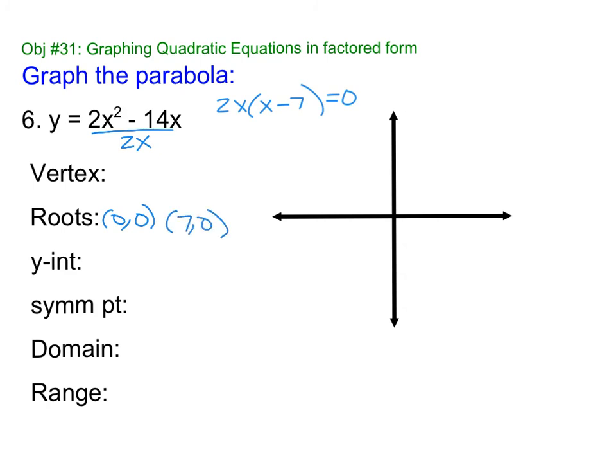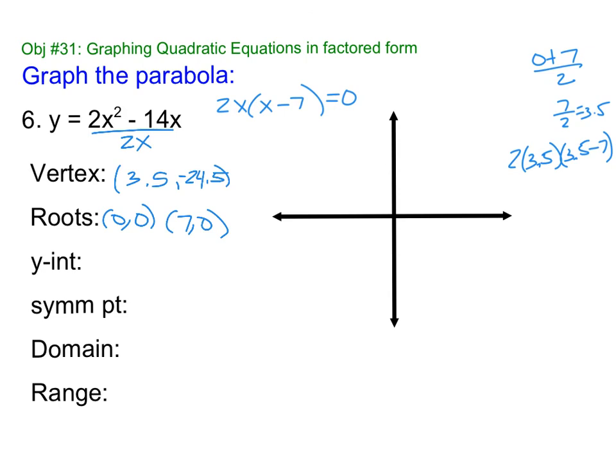Halfway between 0 and 7 is 3.5. I'm going to plug that into my equation. So 2 times 3.5, times 3.5 minus 7. I got negative 24.5.